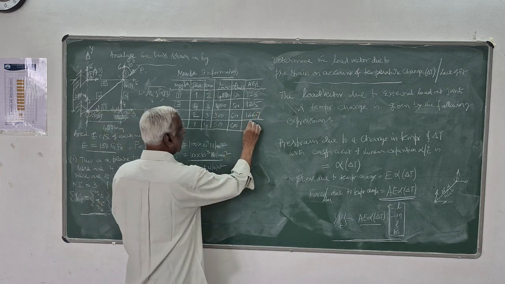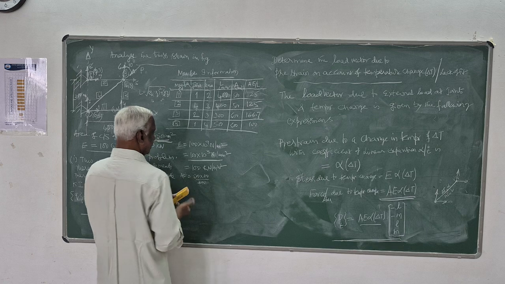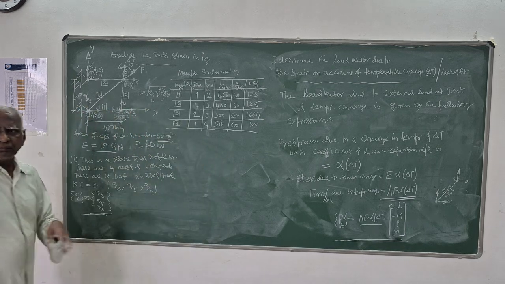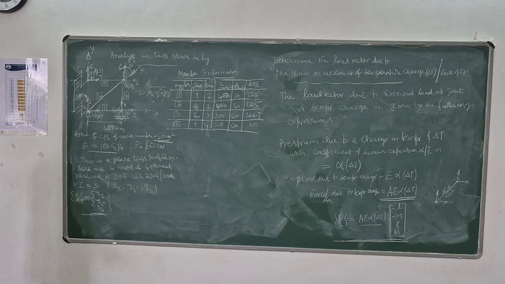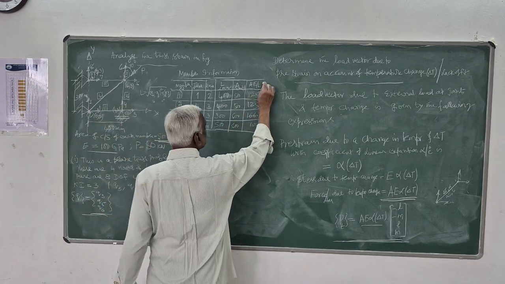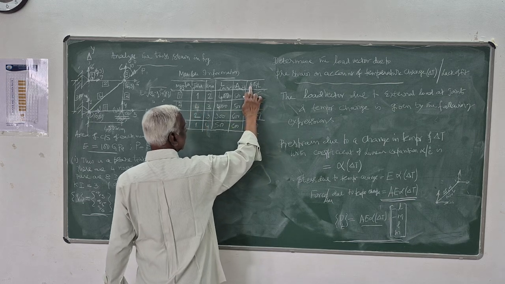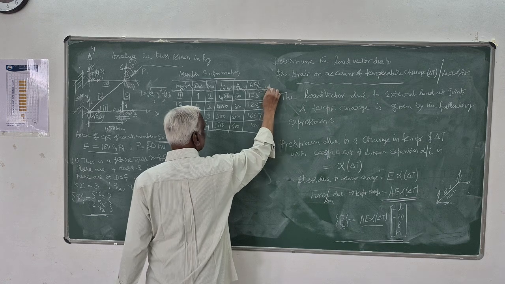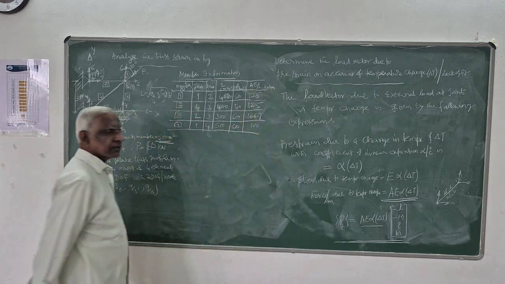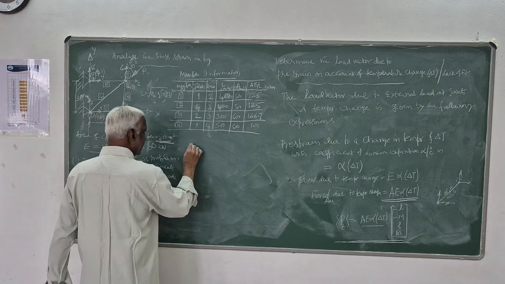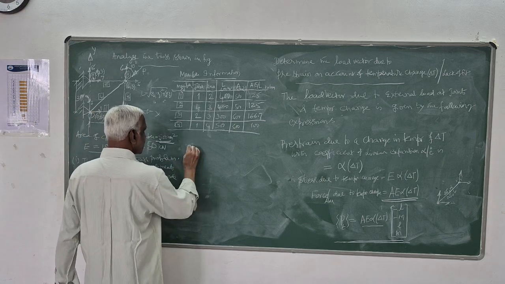Then member 4 is 100. That is, you have AE by L for each member. The unit is kilonewton per millimeter. And now you can write the stiffness matrix, second step.